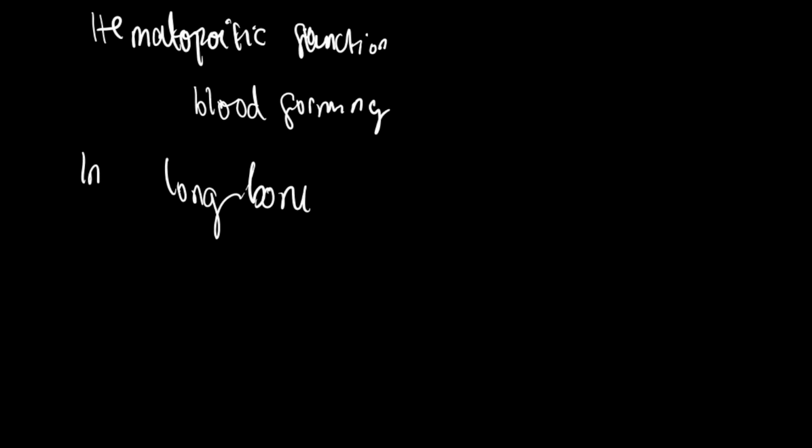However, in the medullary cavity of the long bone, what we have is yellow marrow for fat storage and not for blood production. In adults, the hematopoietic tissues are majorly in the flat bones of the skull.